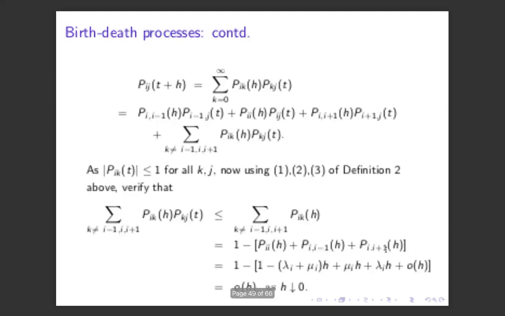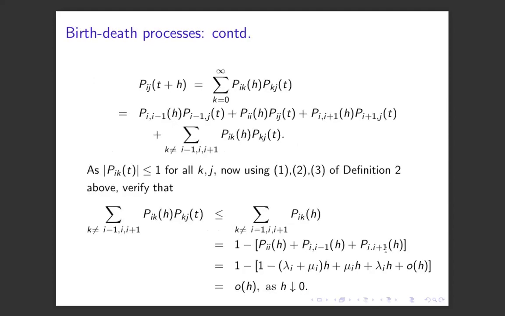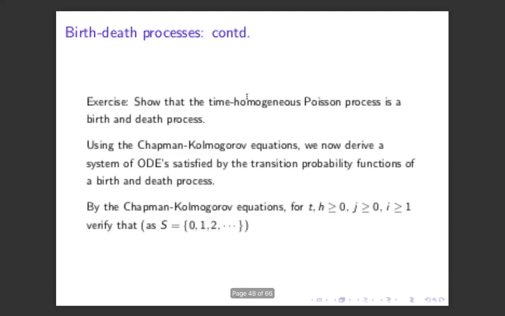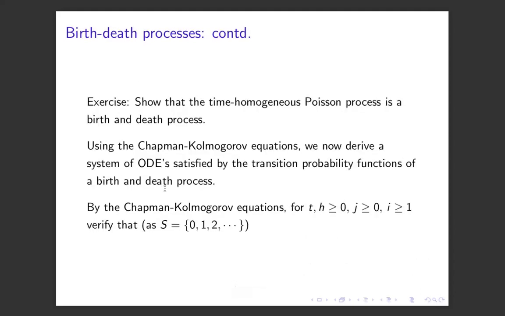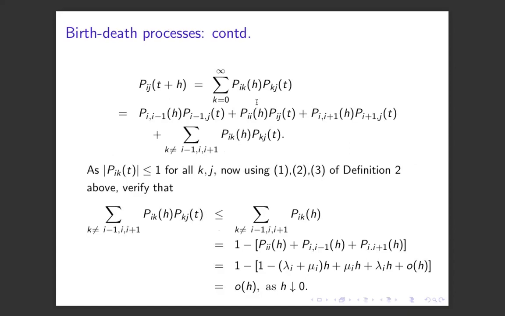Okay, so P ij at t plus h is this. This is where we are using the Chapman-Kolmogorov equation. Here, the time interval 0 to t plus h is divided into 0 to h and h to t plus h.